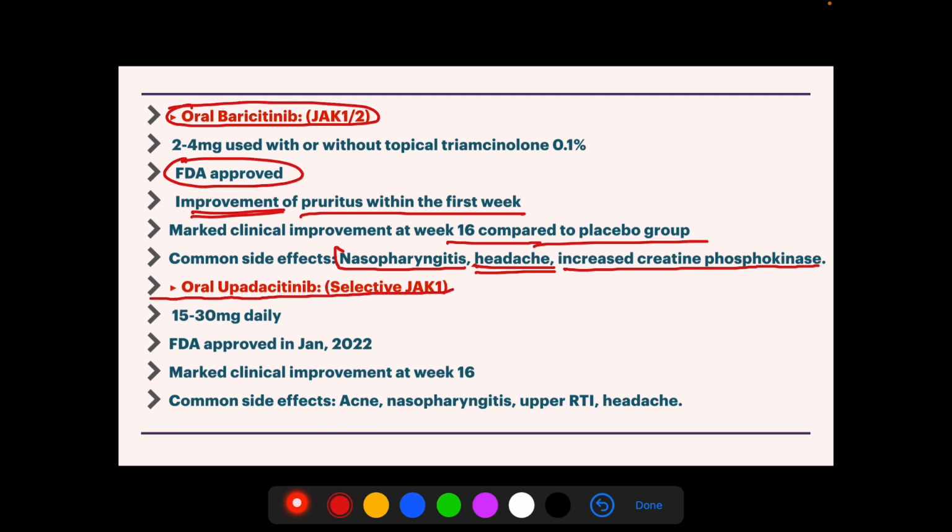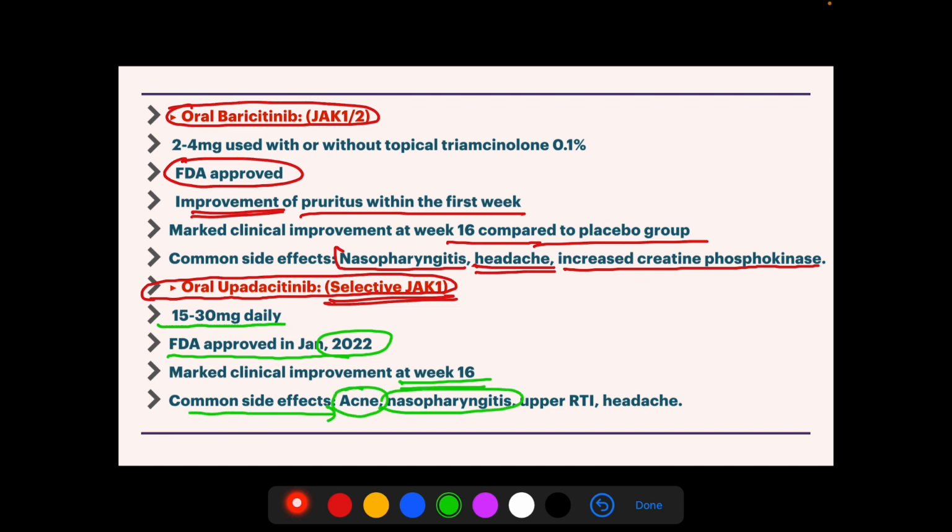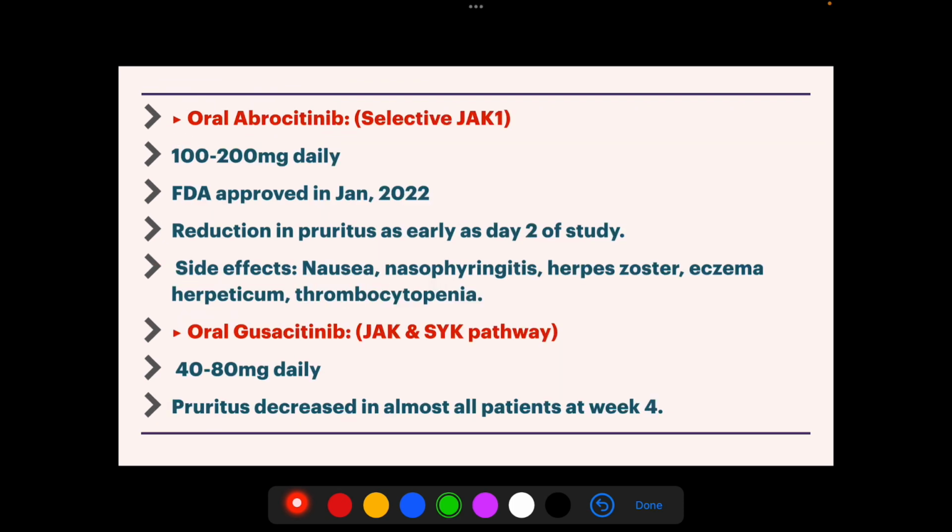Next drug is oral Upadacitinib. It is a selective JAK1 inhibitor and its dose is 15 to 30 mg daily. It was FDA approved in 2022. Marked clinical improvement at week 16. Common side effects are acne, nasopharyngitis, upper respiratory tract infection and headache.